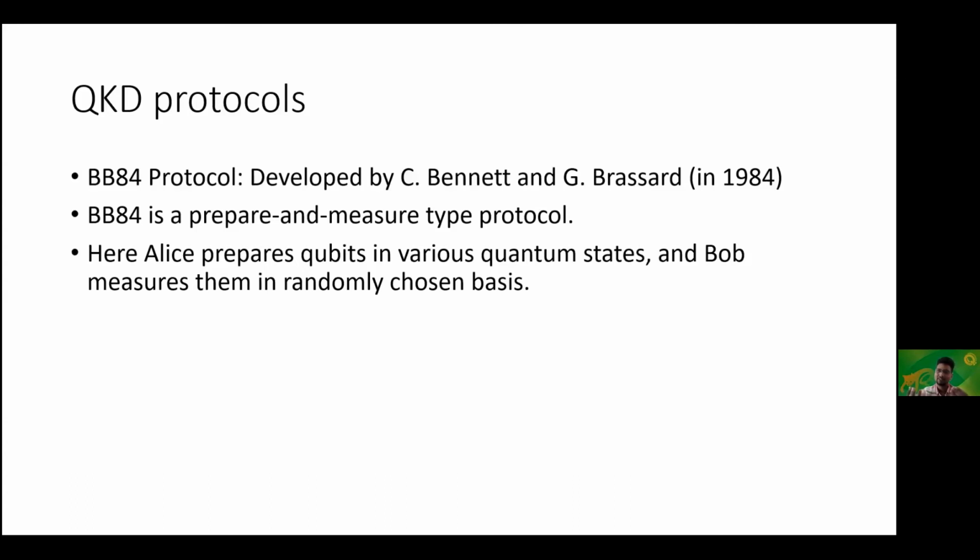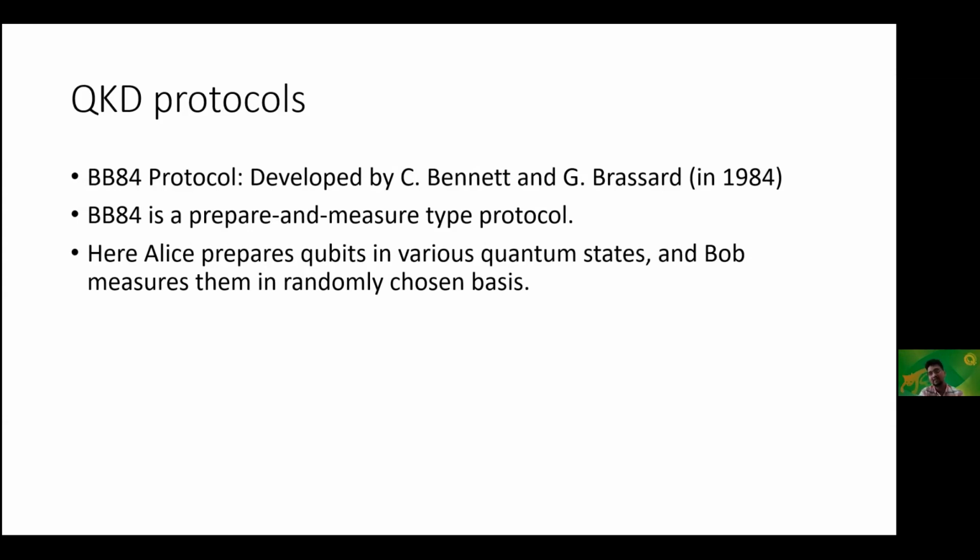Here qubits can be photons, traveling through optical fiber or free space. And Bob then measures them, but in quantum mechanics it's not enough to say that Bob measures them. You have to say in which basis you measure. The same qubit, if you measure in different bases, might give a different outcome.